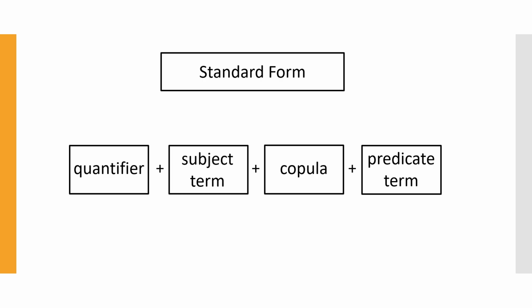I need the copula, which is simply the verb to be, usually are. And then we get the predicate term, which is also going to be simply a class or category of things. So the goal here when you start translating is to figure out, how can I get this statement to have these 4 pieces in order and still remain true to the original meaning of the statement. I need a quantifier, a subject term, a copula, and a predicate term every time without fail.